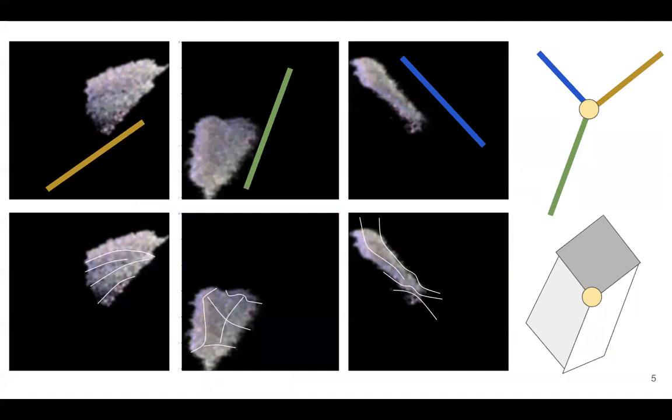Now, what I show here are 6 images. 3 of the images on the top row are the same as the 3 images on the bottom row. So these images are predicted spatial transcriptomic tissue based on a 3D coordinate distribution or prediction of the locations of the single cells.